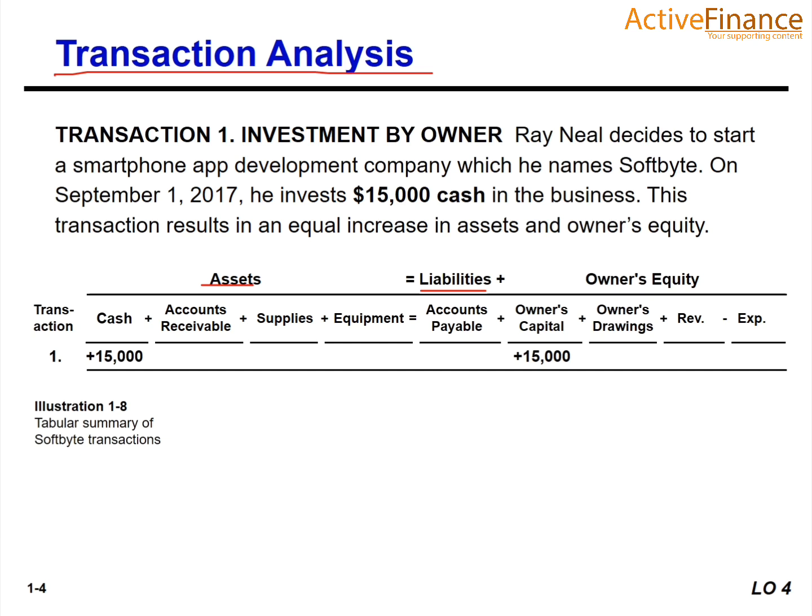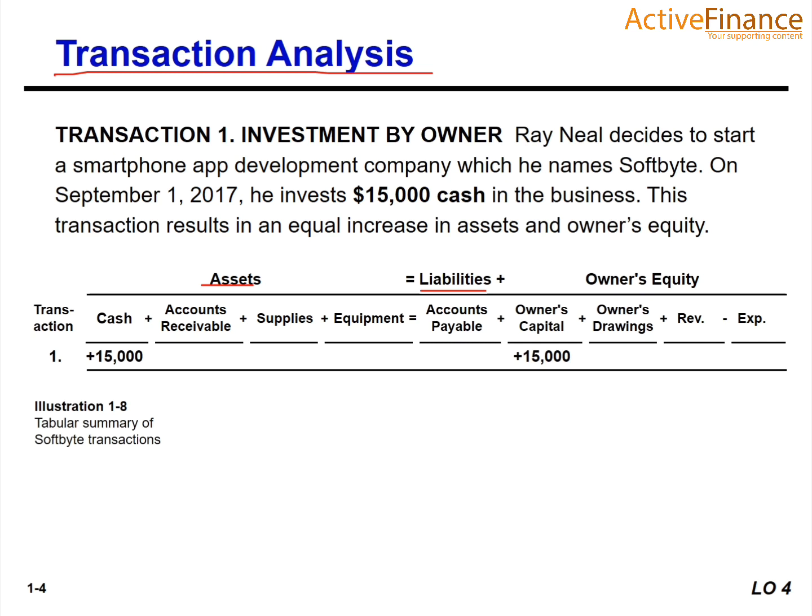First is cash, accounts receivable which we will receive in the near future, supplies and equipment that are needed in the company, accounts payable that we will pay in the near future, owner's capital which is invested by the owner, owner's drawing which he or she withdraws for personal use, revenue which we receive by providing goods and services, and expenses that occur within a prescribed time.